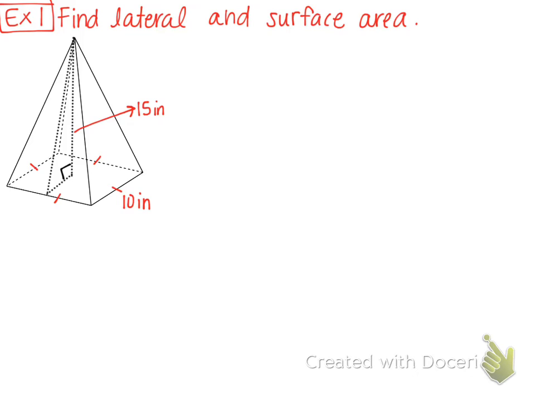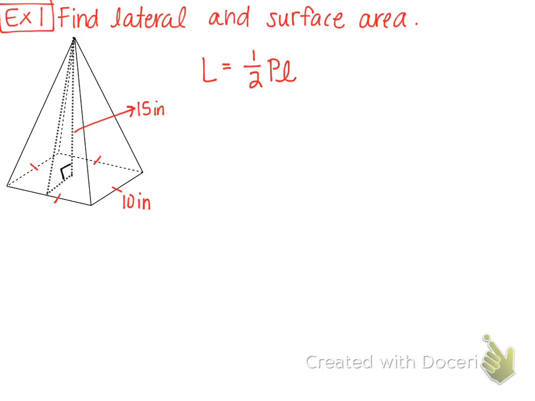So we're going to find lateral and surface area. Okay, so remember for our pyramid, the lateral is equal to 1/2 the perimeter of the base times the length of the slant height. Well, we don't have the slant height. We can find the perimeter easily.